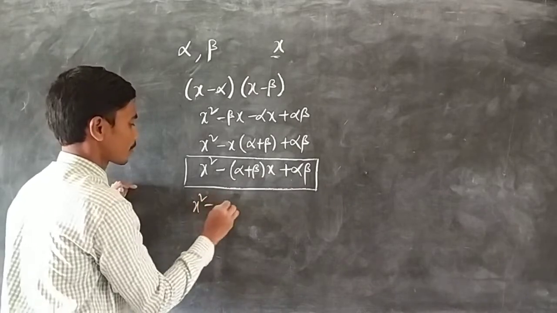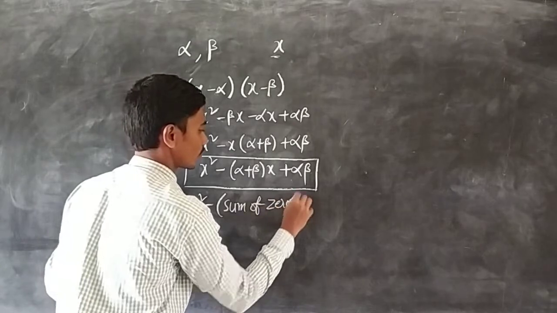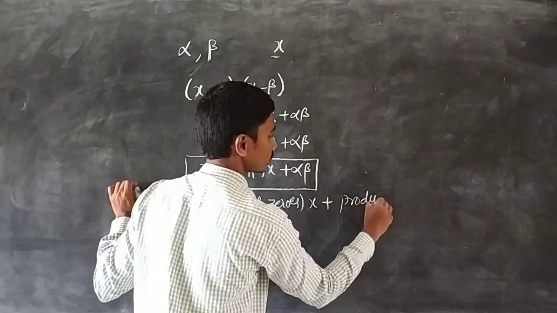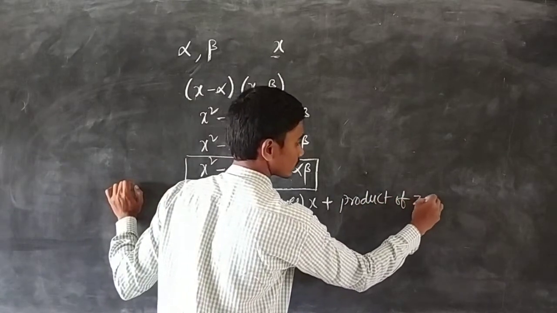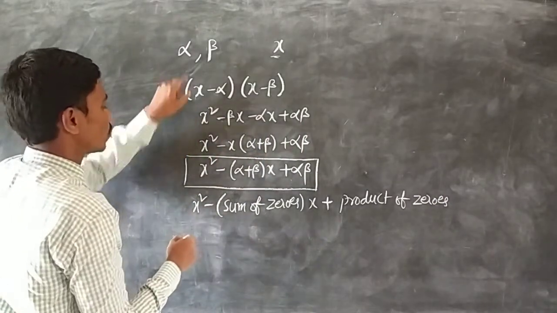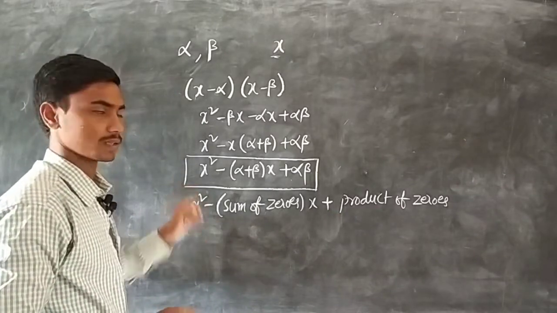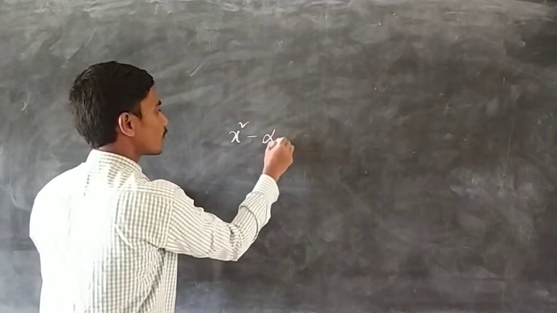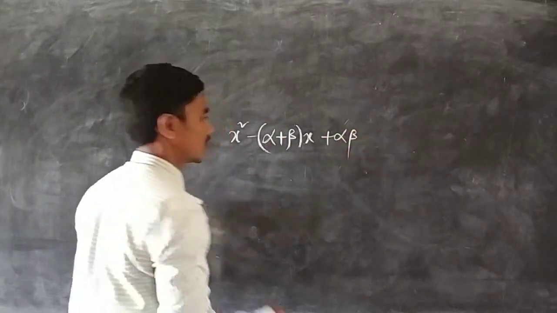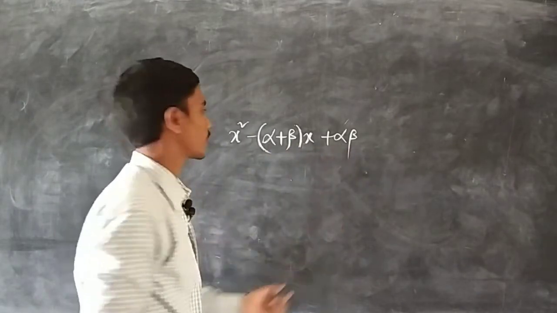x square minus sum of roots or sum of zeros into x plus product of zeros. This is the general form when you know the sum of the zeros and the product of the zeros for a quadratic polynomial. x square minus alpha plus beta into x plus alpha beta is the general form when you know the sum of the zeros and the product of the zeros.